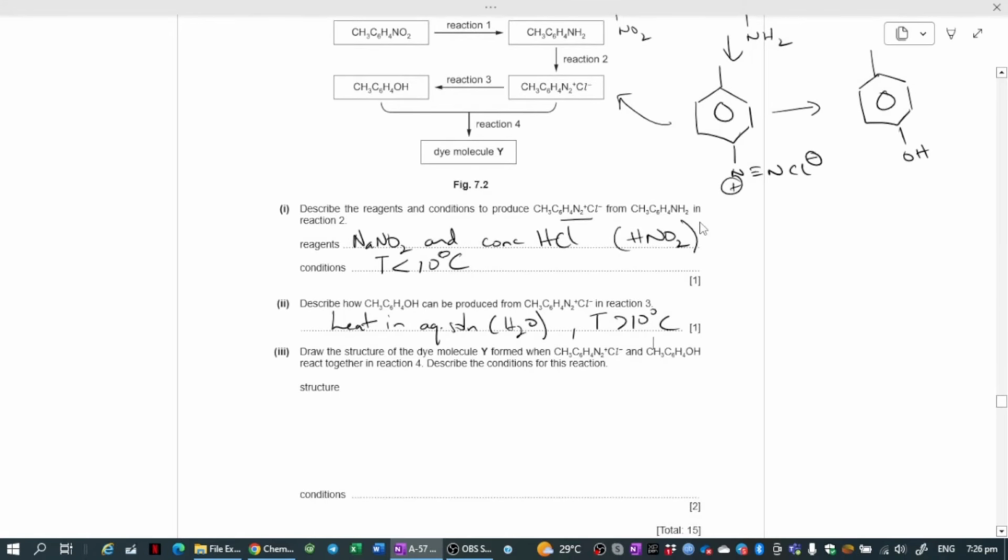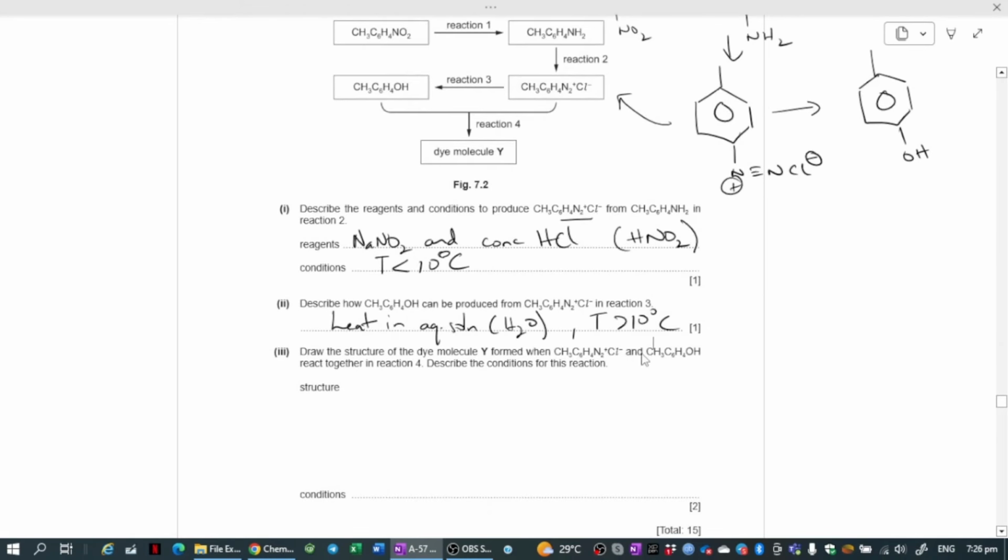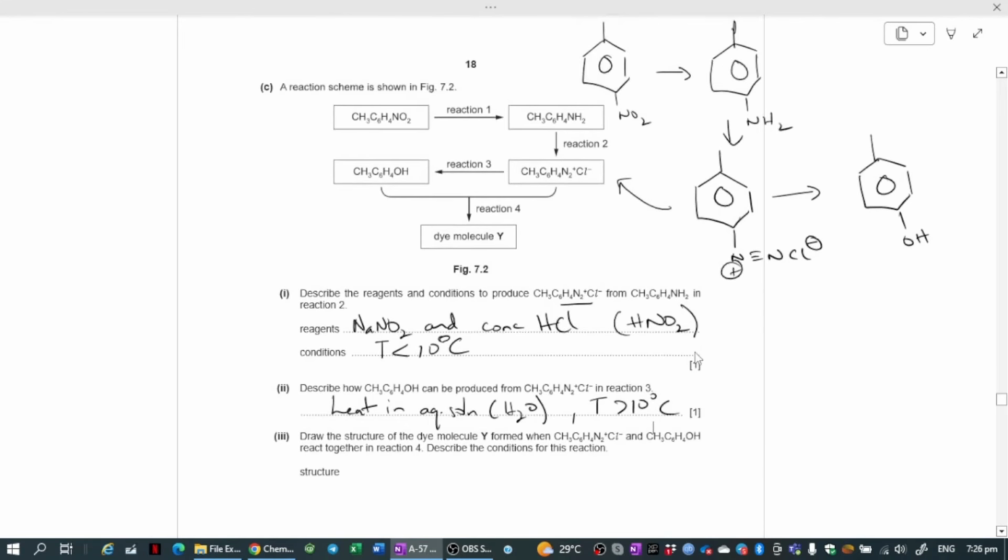Good. Then they say, draw the structure of the dye molecule Y formed when this salt combines with CH3C6H4OH.